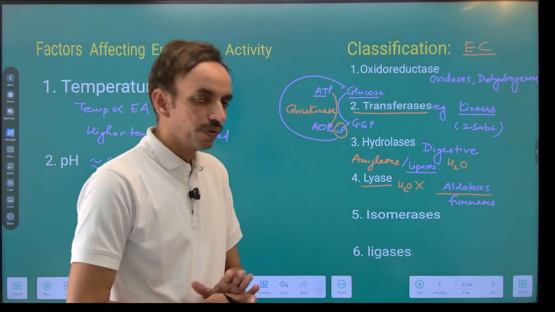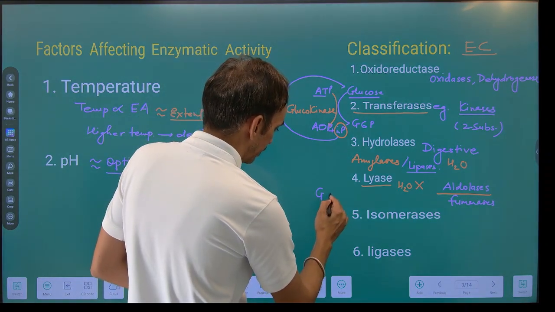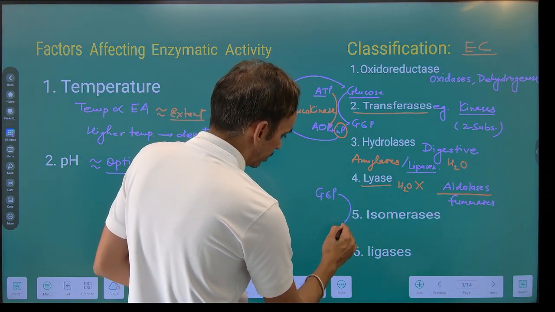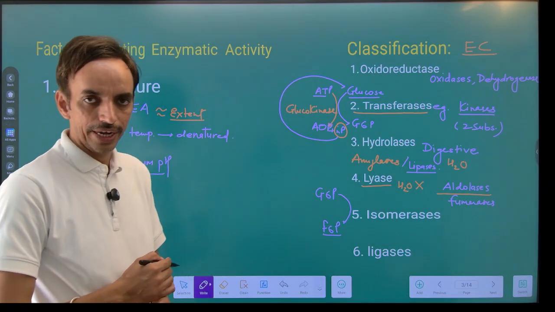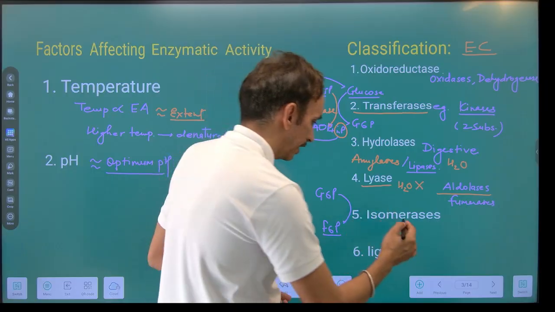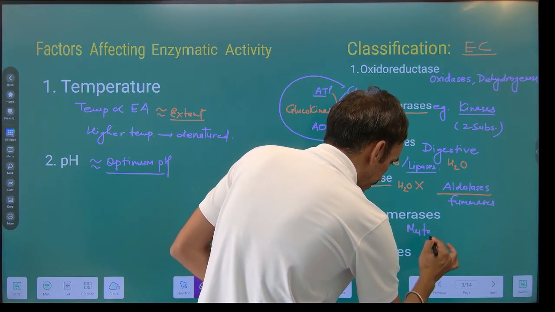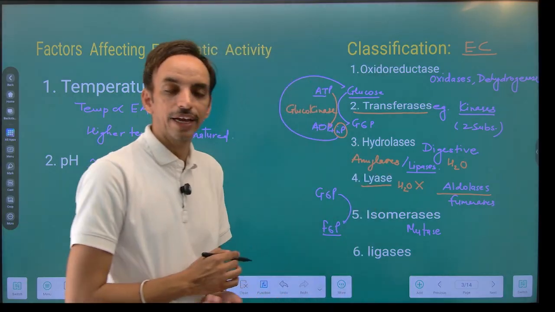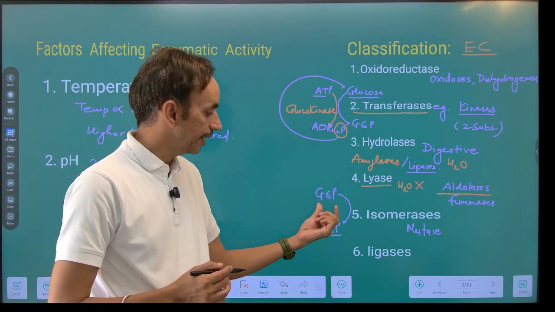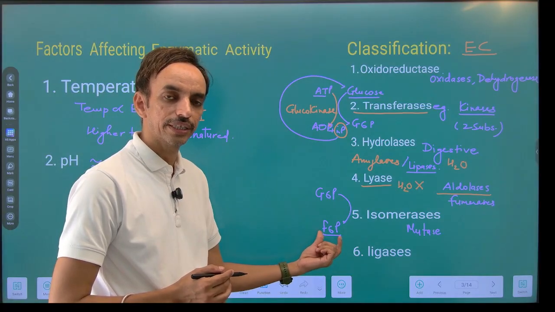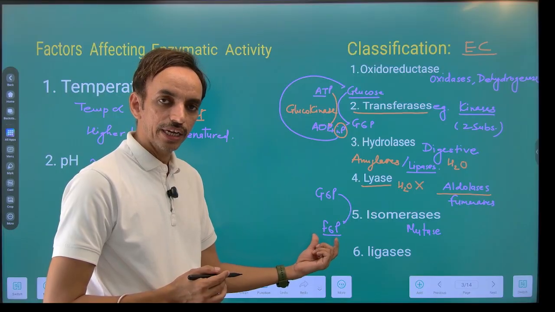Now the fifth number is the isomerases. They convert one isomeric form into another. For example, the conversion of glucose 6-phosphate into fructose 6-phosphate during glycolysis by the enzyme called glucose phosphate isomerase converts glucose, a 6 carbon aldehyde sugar, into fructose, a 6 carbon ketone sugar, one isomeric form to the other isomeric form.